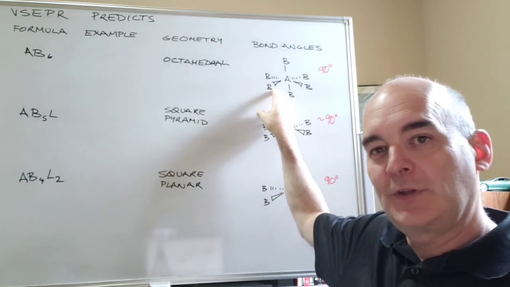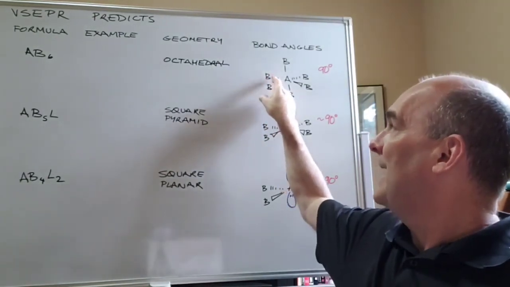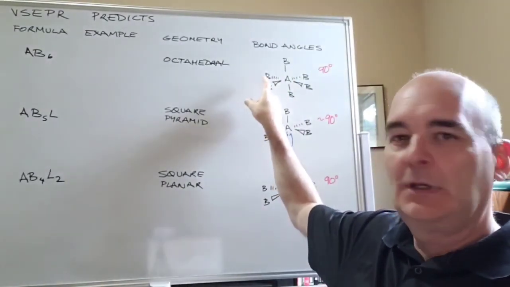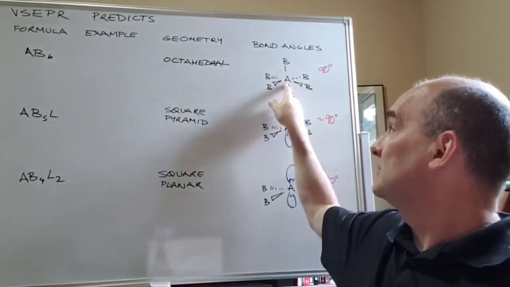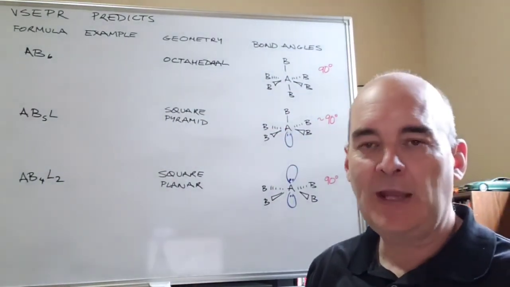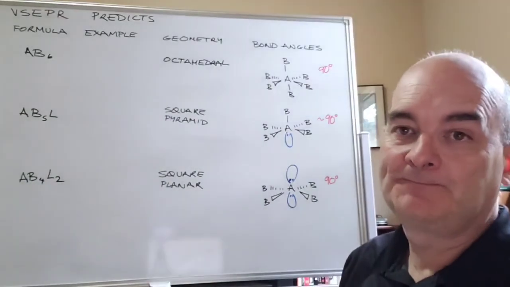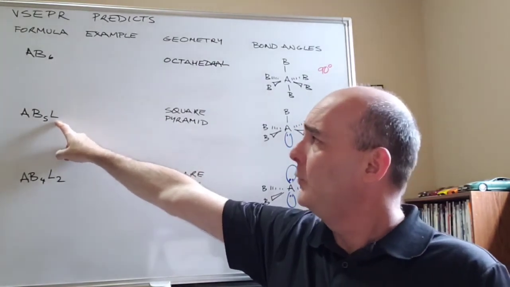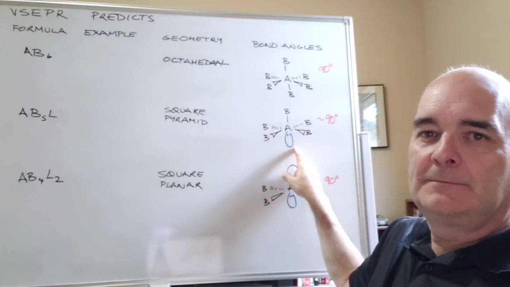It's coming towards the plane of the viewer. If it is a hatched line, that's not a dash, it's a hatch, that means that it is going away from the viewer. And if it's just a straight line, then it means that that covalent bond is in the plane of the paper. If I replace one of those bonds with a lone pair, I make a square pyramid.